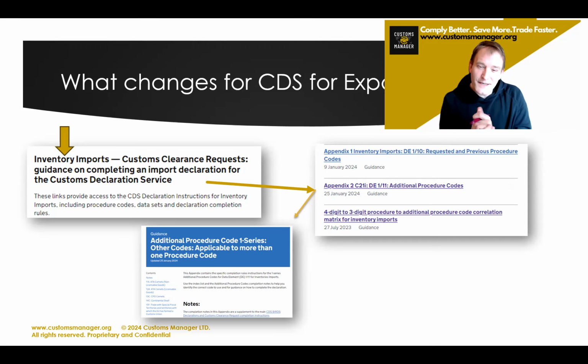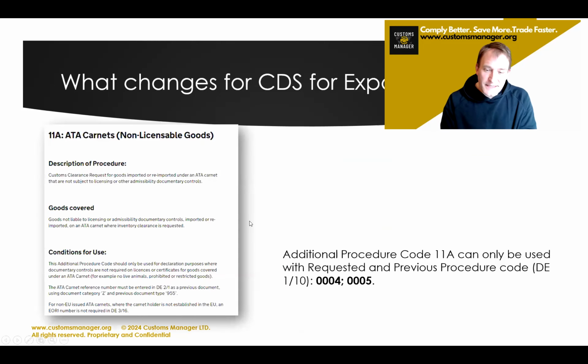So then you'll find yourself in Appendix 2, C21, and from there you can find the additional procedure code 1 series where, I don't know if you can see this, but it says here 11A and 1112 deal with ATA carnet. And this is where you then start to read the details and conditions of use, and you can find that the only codes that are available with 11A are 004 and 005, and this is what you then look at to find out which one's possible.